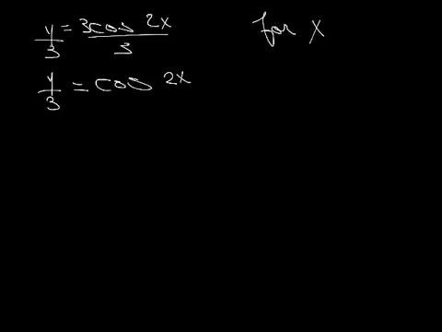We can't do anything with that 2 because the cosine is in front of it. So that means that we're kind of stuck with it. So what we're going to do is move the cosine to the other side of the equal sign. I'm just going to tell you what happens here when we move that cosine to the other side.